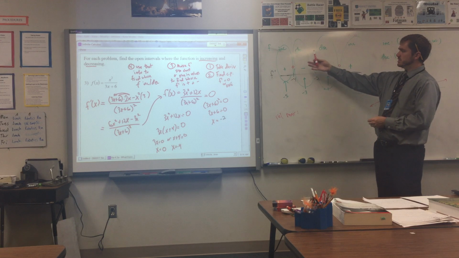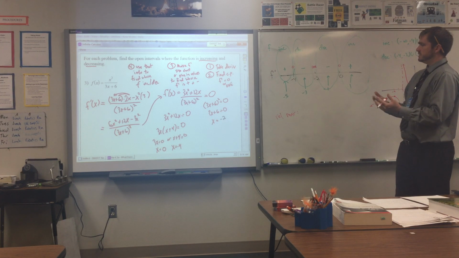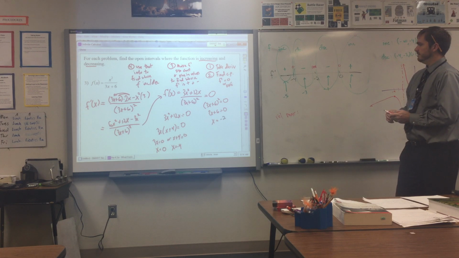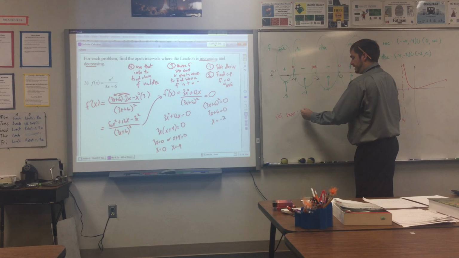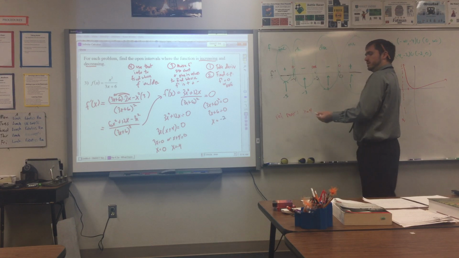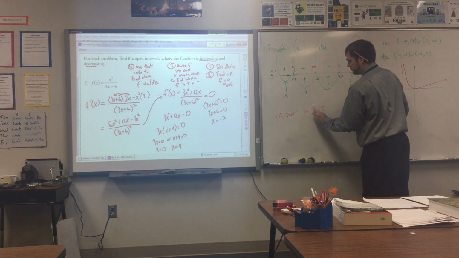So, looking at this sign chart, is there any place where the function goes from increasing to decreasing? Where's that? That's before -4 and after. Okay, so there's a relative max at x equals -4. Why?